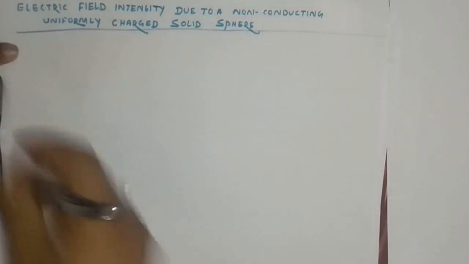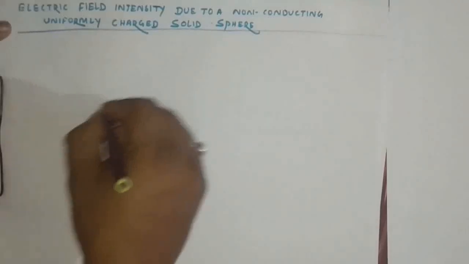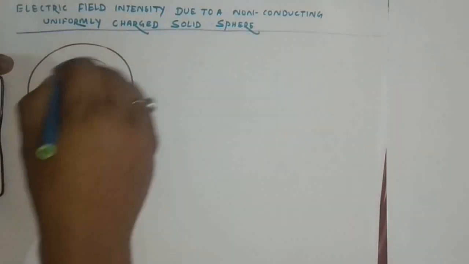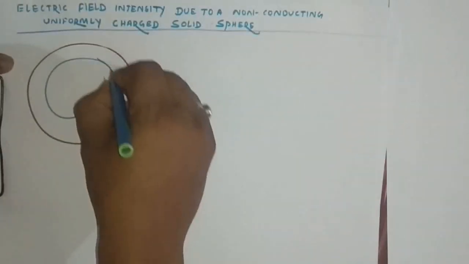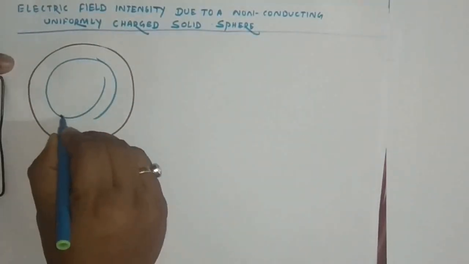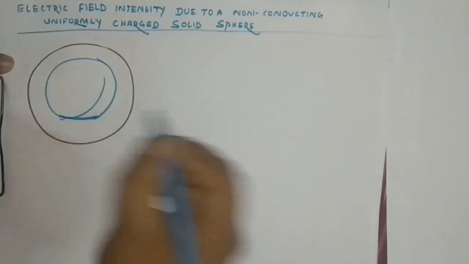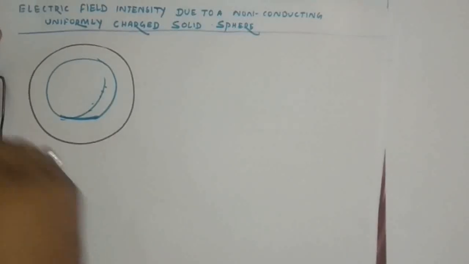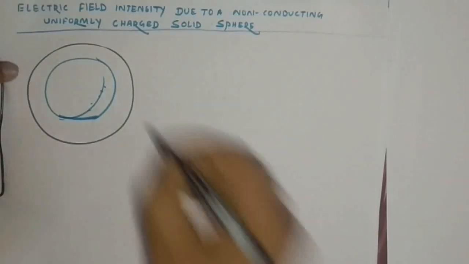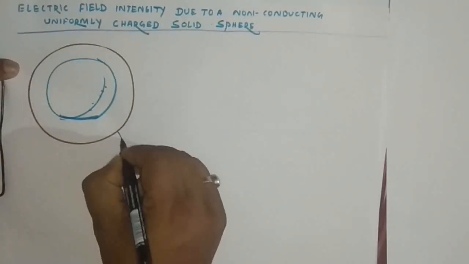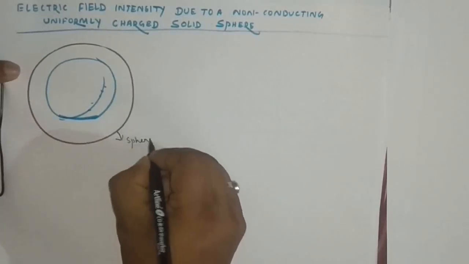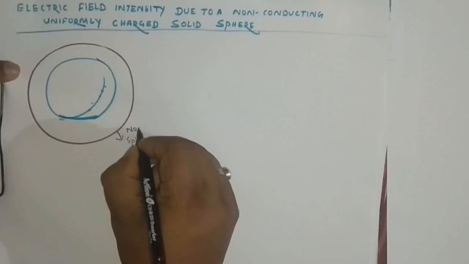What is case 3? This is the sphere. My mistake, don't focus here, this is my Gaussian surface. So who is this? This is my original sphere, the non-conducting sphere.